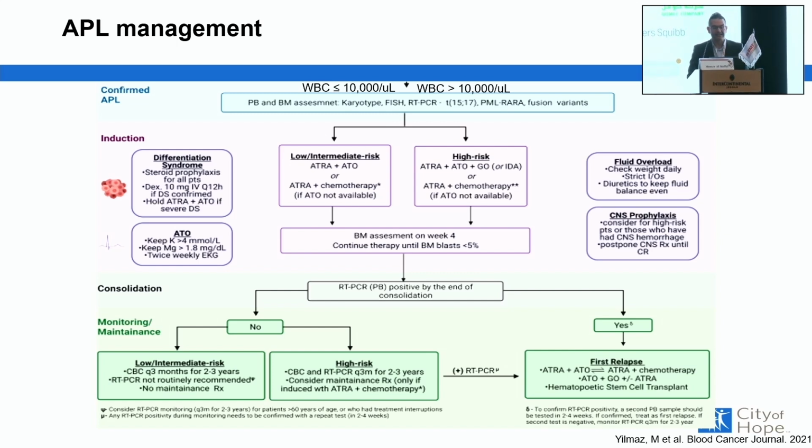Adding GO or IDA is optional for high-risk patients. The main issue here is managing the side effects of the disease and the treatment. So we have to deal with differentiation syndrome, fluid overload, CNS prophylaxis, and ATO electrolyte imbalance and EKG changes. This is what you would do in the first month after treatment. And this was all done based on the published data by the Italians that we are all aware of.